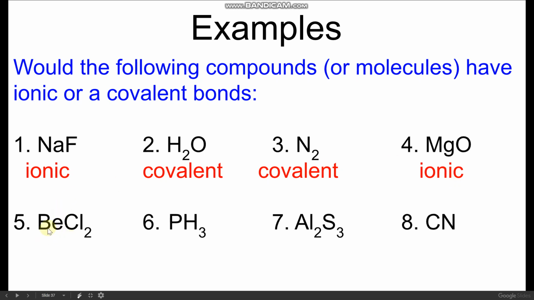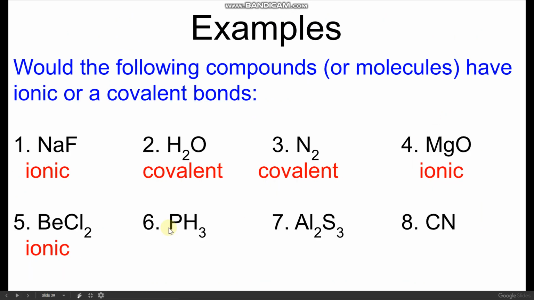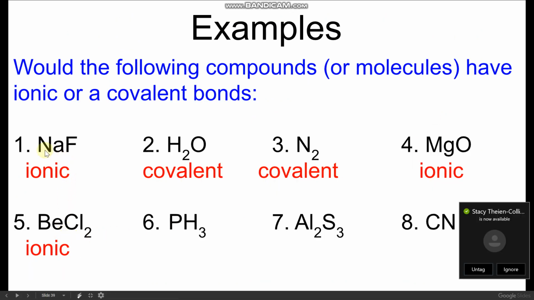Okay, so let's quickly go through the rest of these. Next up is beryllium chloride, or BeCl. Beryllium is right here. So that's a metal. Chlorine is right here. That's a nonmetal. Metal and nonmetal, it's an ionic bond. So just like sodium fluoride or magnesium oxide.